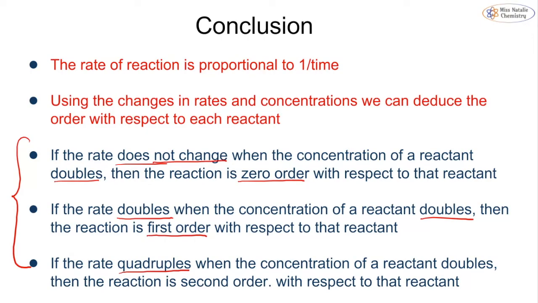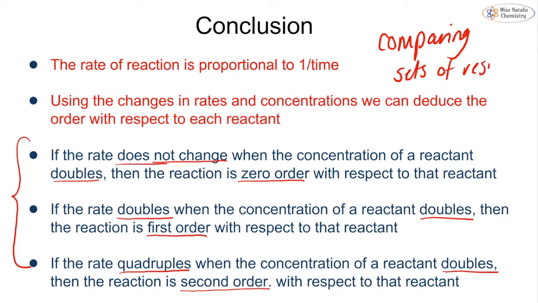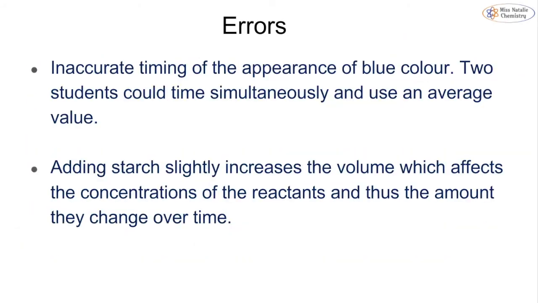If the rate quadruples when the concentration is doubled, then it is second order. So this is all about comparing sets of results. You look at what the rate was with this particular experiment, compare that to when we've changed or doubled the concentration of one of our reactants, and then what has happened to the rate.